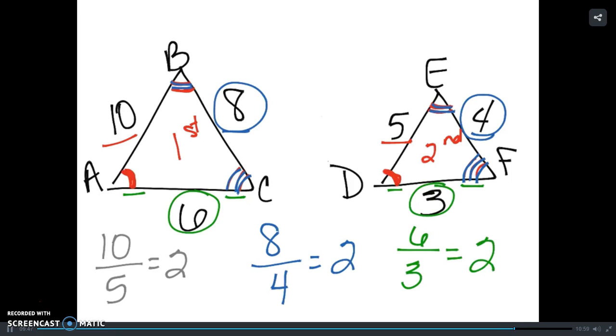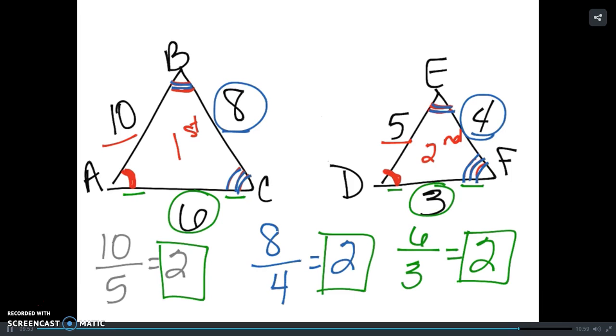And guess what? We get 2 again. So you should get the same scale factor every time if they are similar polygons. If they're not similar polygons, then one or more of those will have different ratios. They will reduce to a different number, and they will not be similar polygons then. So you can test that out.